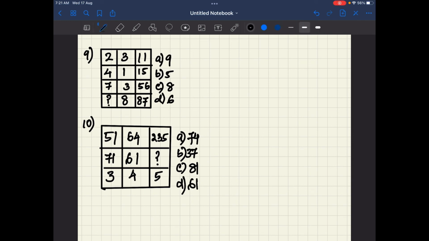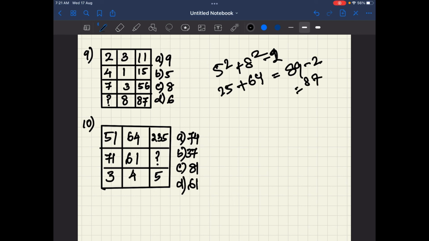The answer is 5 square plus 8 square minus 2. 25 plus 64 gives us 89 minus 2 equals to 87. So the answer is 5.